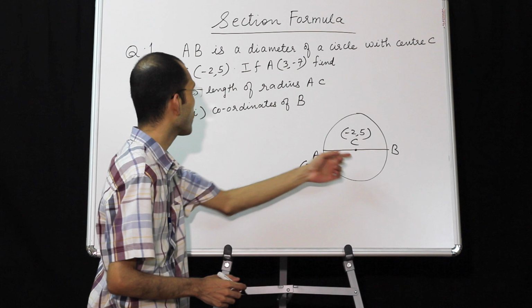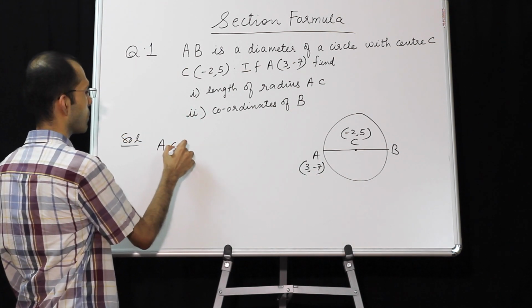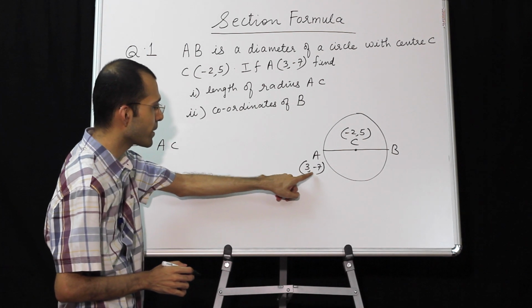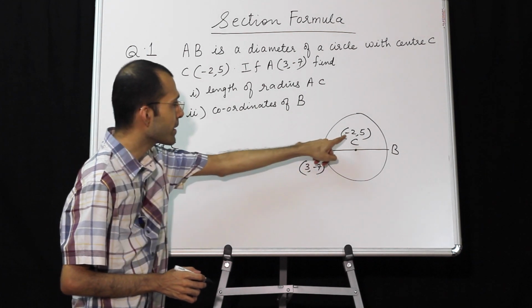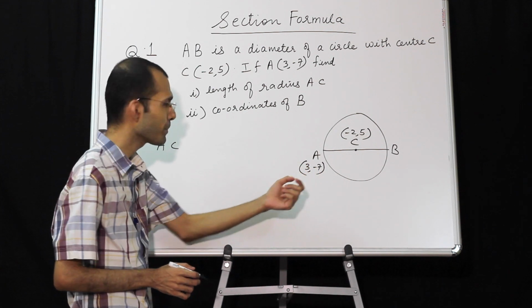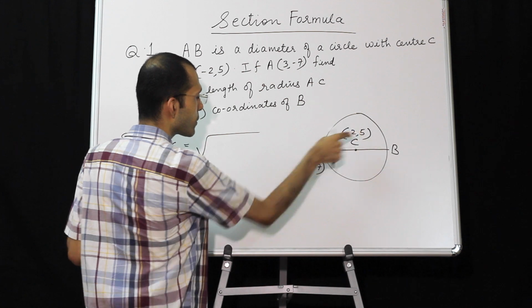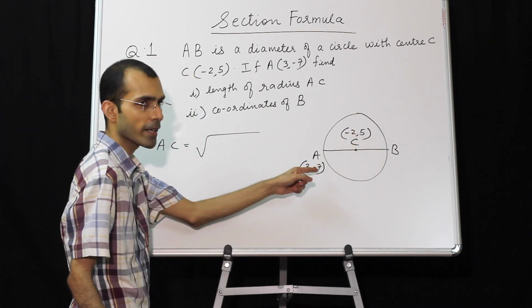Now we need to find AC. So what we can do, take this as x1, y1, take this as x2, y2. You can mark it for your convenience, no problem. Now this will be what? y2 minus y1.